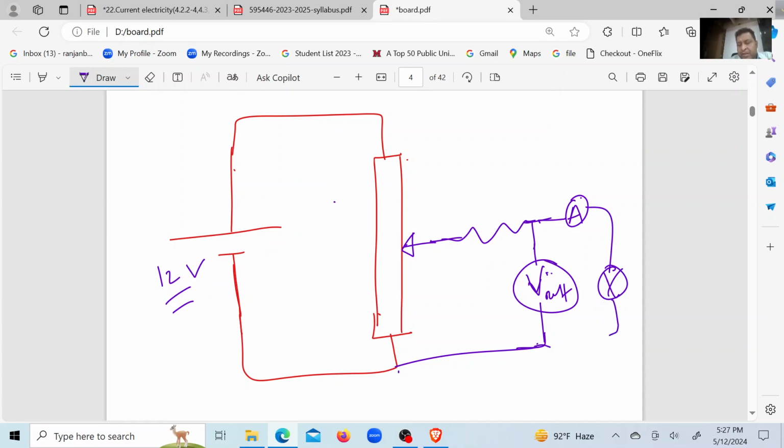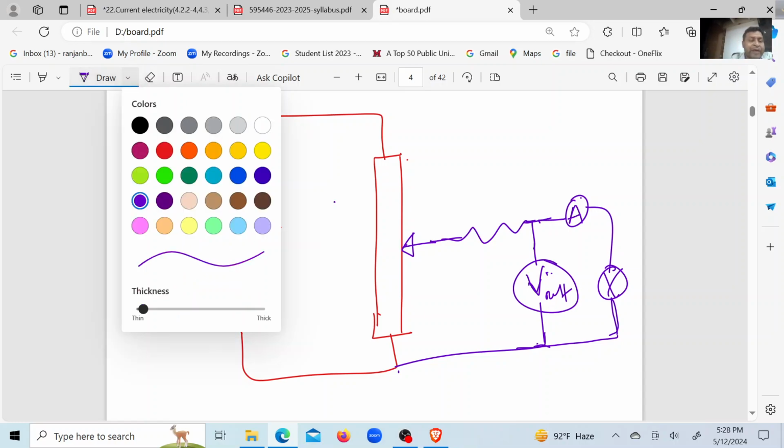Look, you want to know the IV characteristics of the lamp. That means for different voltages, how this lamp behaves. What is the current of it? If you want to determine it, you have to use the potential divider.